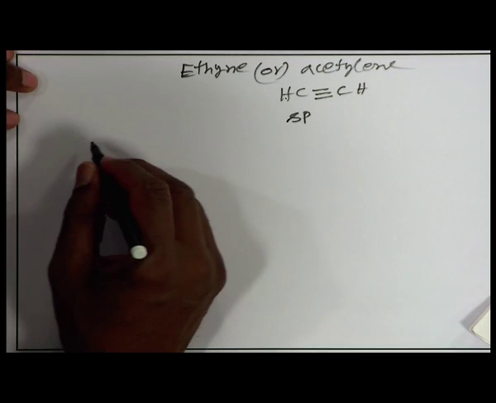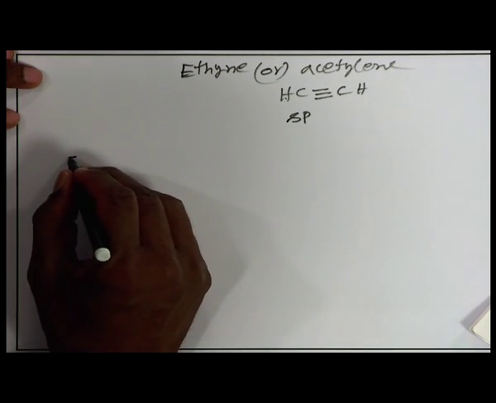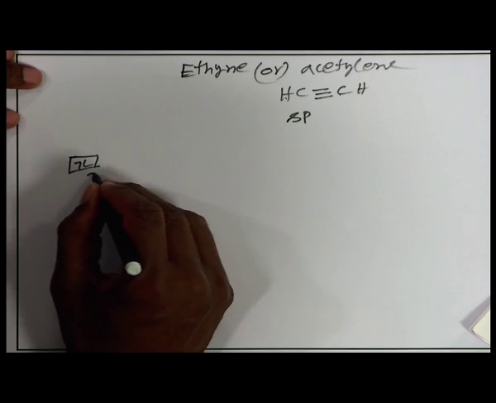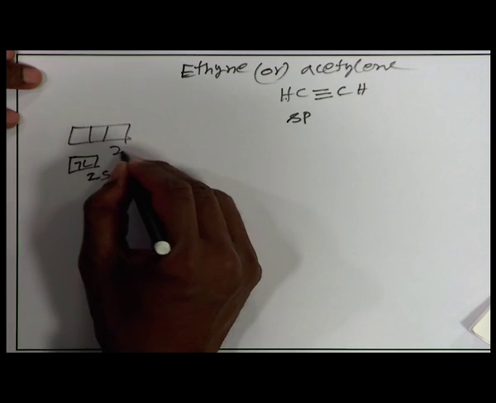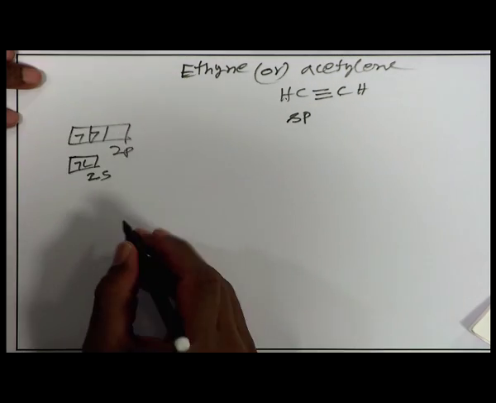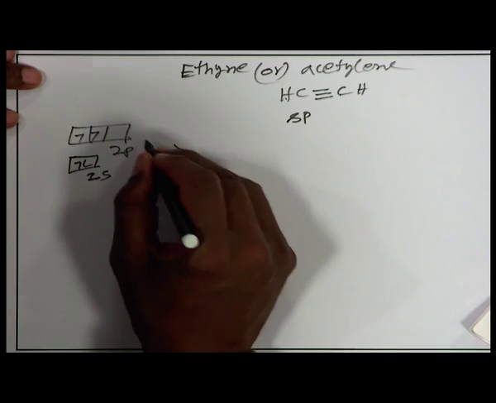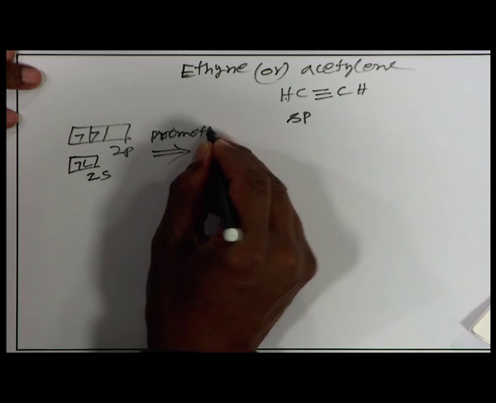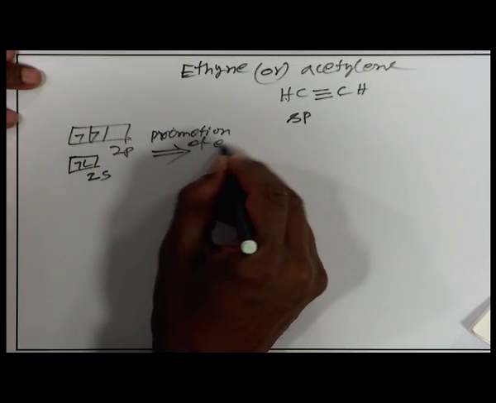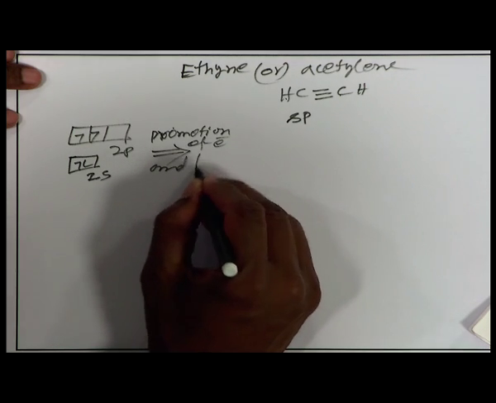So carbon has a 2s orbital containing 2 electrons, and there is a 2p orbital. Then it has to undergo promotion of an electron and hybridization.